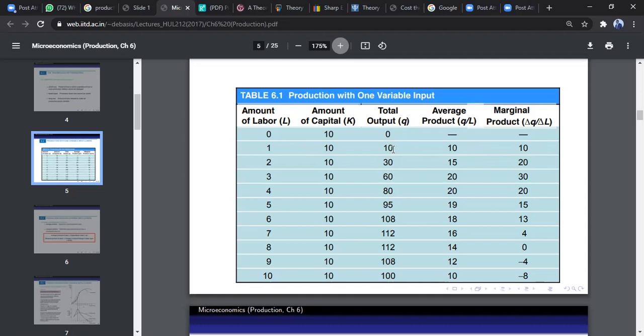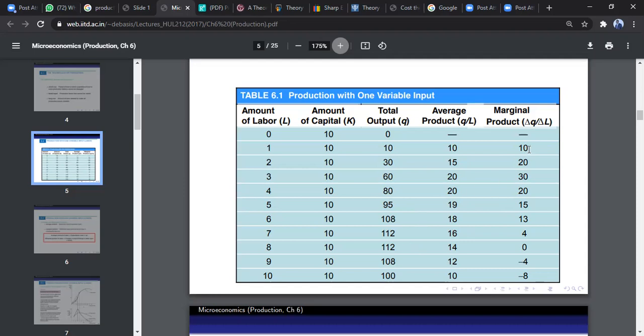From 10 to 30, how many units are we adding? 20. From 30 to 60, we're adding 30. From 60 to 80, we're adding 20. From 80 to 95, 15.